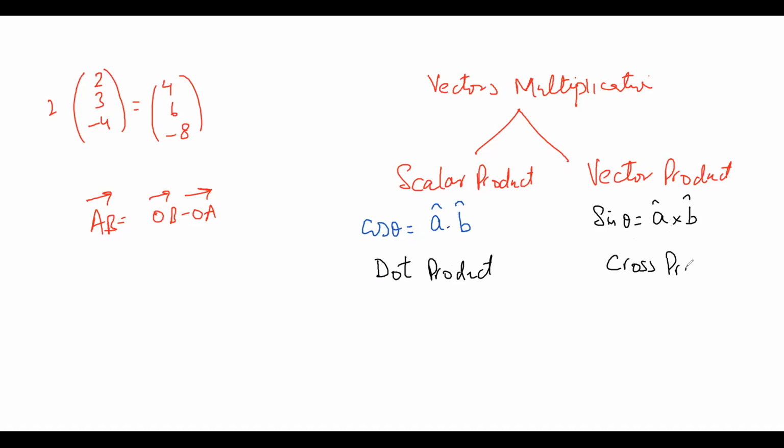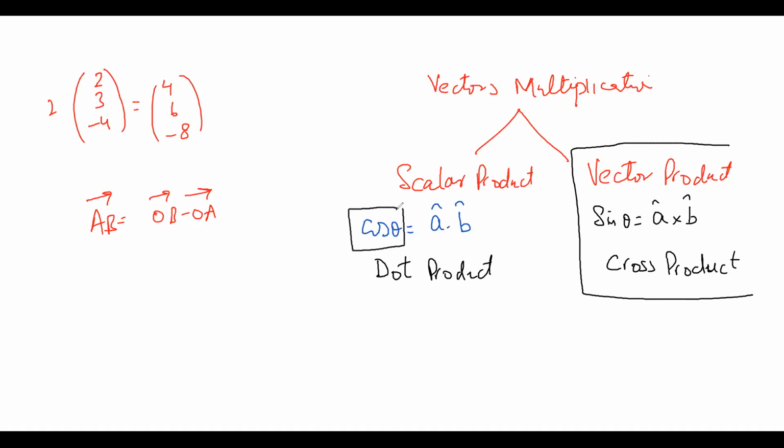Now, luckily for you people, this cross product is no more in your syllabus. This has been moved into further mathematics. You only have to learn how to perform this scalar product. Now, by looking at this cos theta, that is A dot B, the scalar product basically depends on the angle between the vectors that you are multiplying.